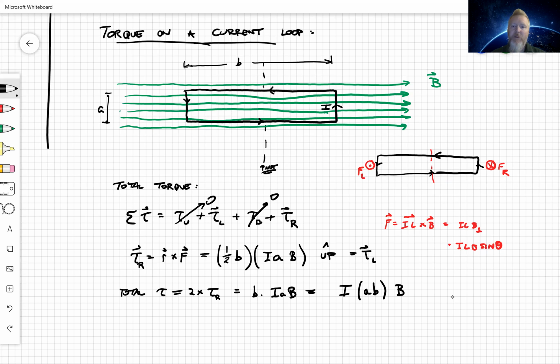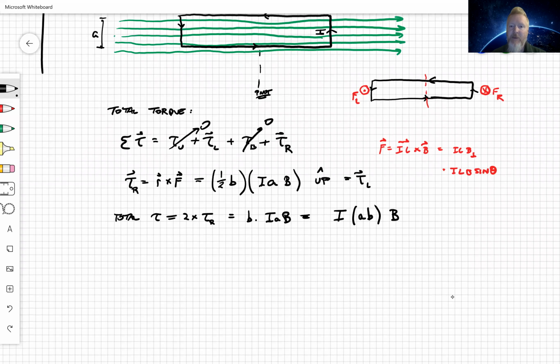And I'm going to note that this little a times little b is actually the area of the loop. And from that, I'm going to generalize an answer here to the torque on a current loop in a magnetic field.